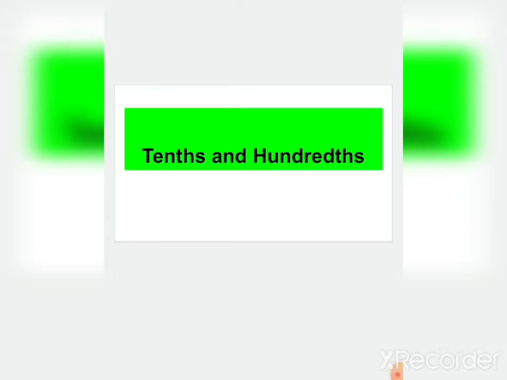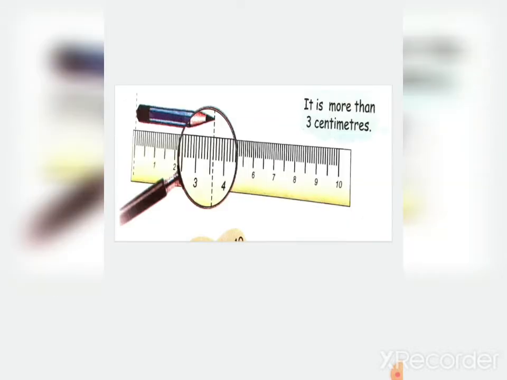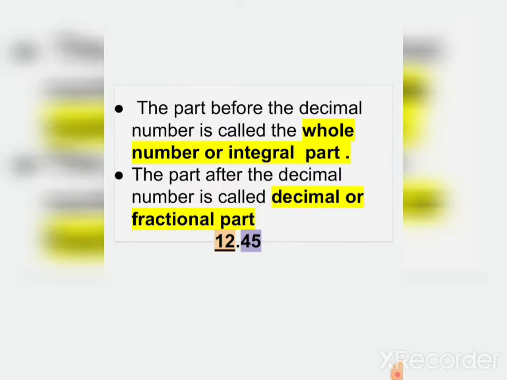And in this class, we'll continue the same chapter, tens and hundreds. In this chapter, we have already studied the decimals. We studied decimal numbers and their whole part, integral part, decimal part, and fractional part.